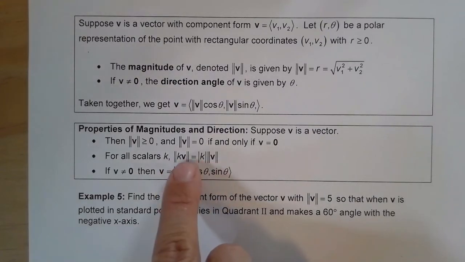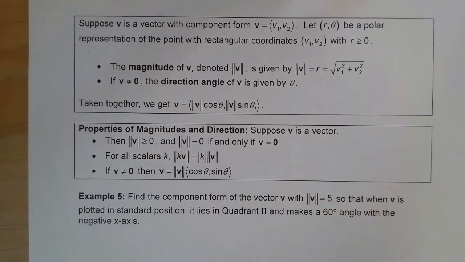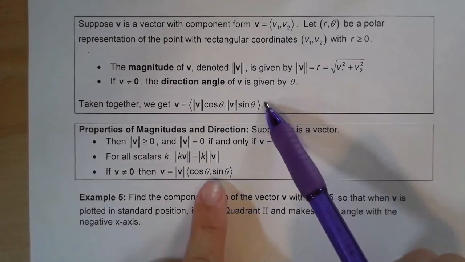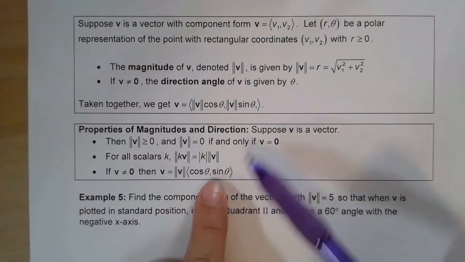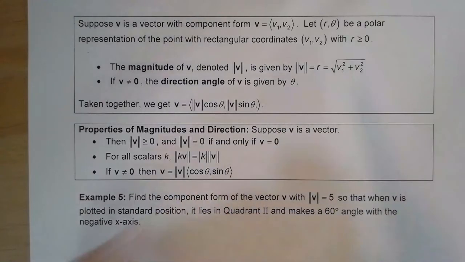So it's almost like the distributive property, but you have to remember k would have to be the absolute value. And then if v does not equal 0, then v is the magnitude times the vector cosine theta, comma, sine theta. So look at this, right? That means it's just like that distributive property. Okay. All right, let's do some examples with these.